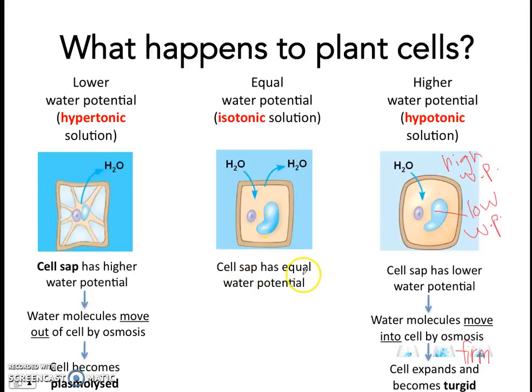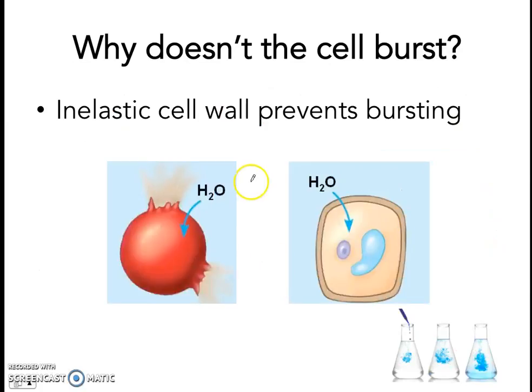There is no osmosis, no net movement of water, and the cell remains relatively unchanged. Nothing visible happens. What prevents plant cells from bursting is that they have an inelastic cell wall. Animal cells do not have this cell wall, and so when too much water moves in by osmosis, they burst.